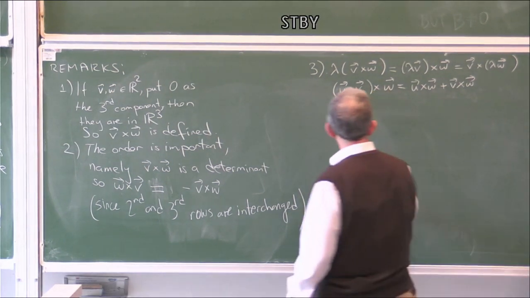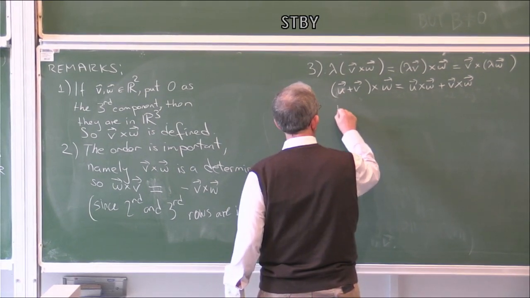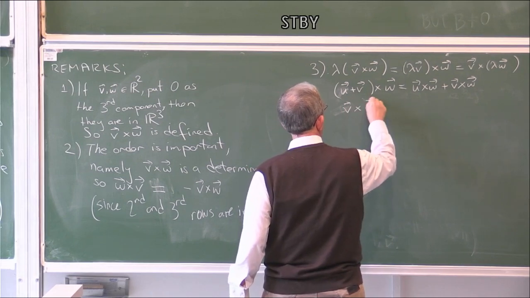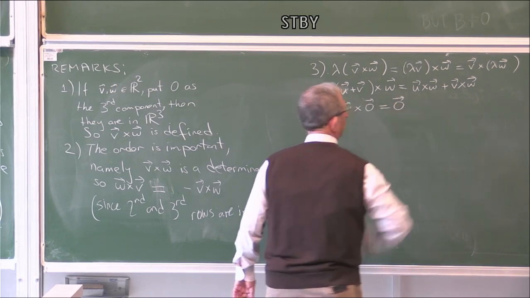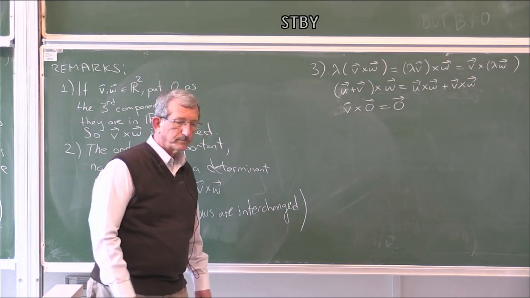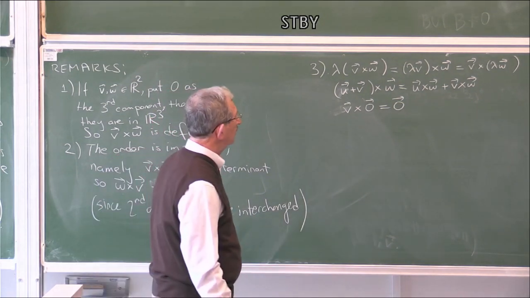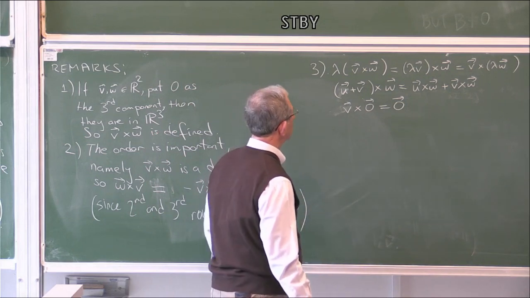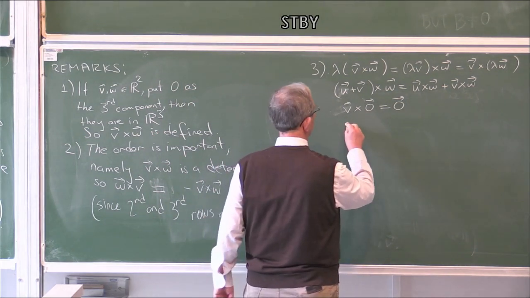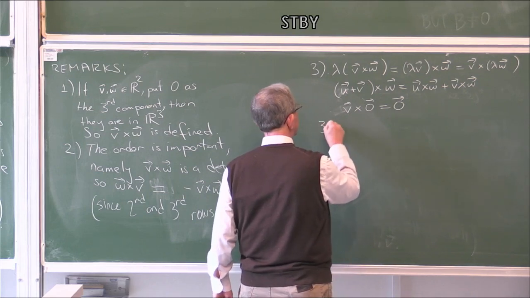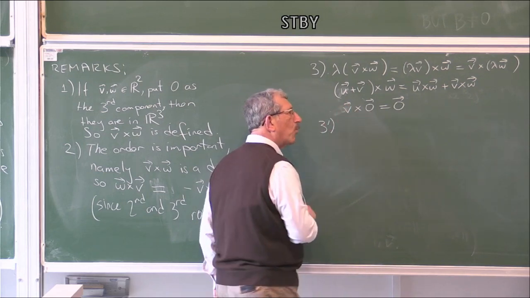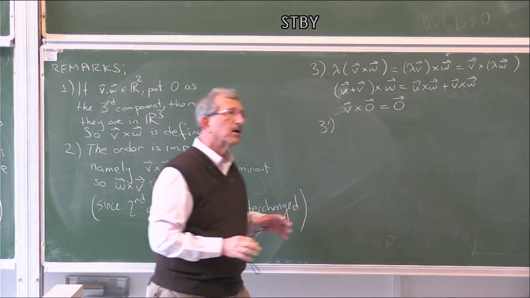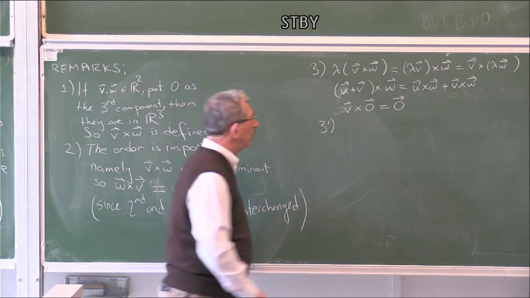And of course, any V cross 0 is obviously the 0 vector. This follows directly from the definition again, but you can check it just like that. And of course, this is just as important as these, but it's more important than these properties because we will be using it over and over again.